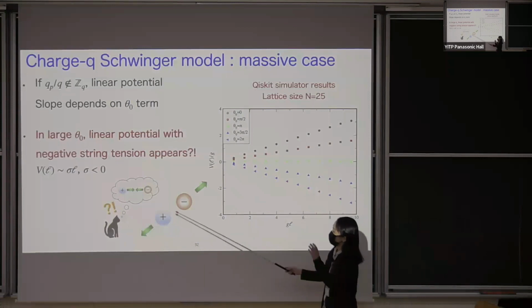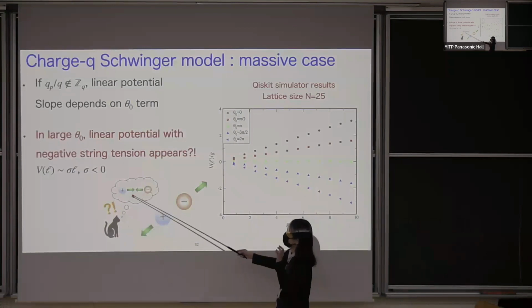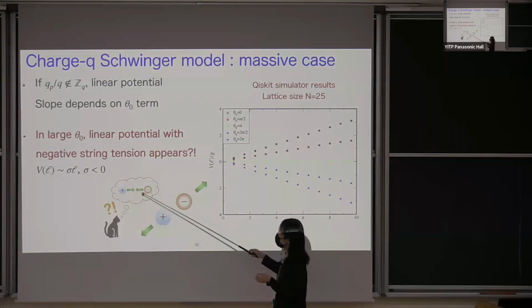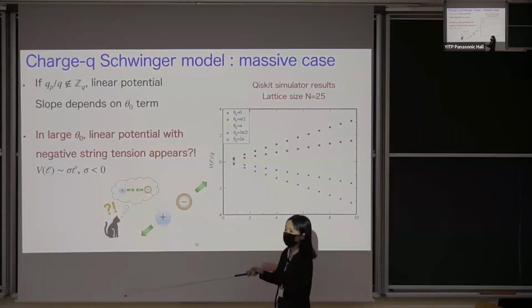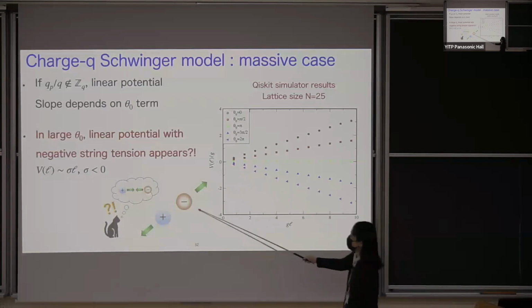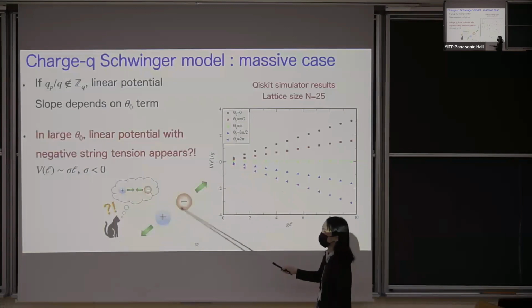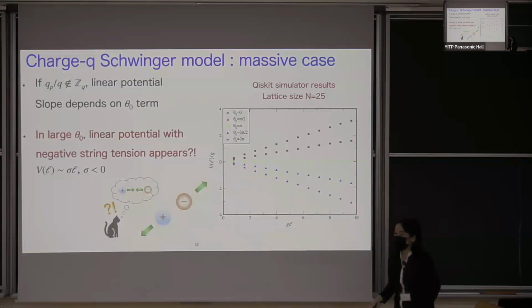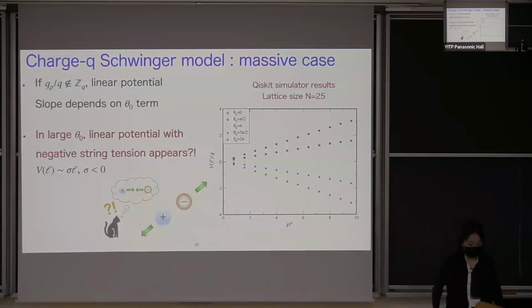In the standard case, two particles with opposite sign have an attractive force. This is electromagnetic dynamics. But this linear potential with negative string tension shows a repulsive force. So this is the reason why.